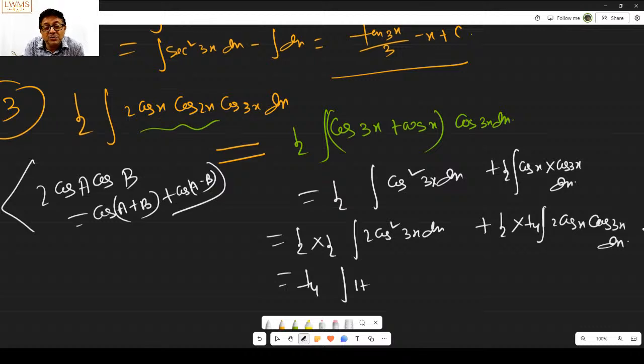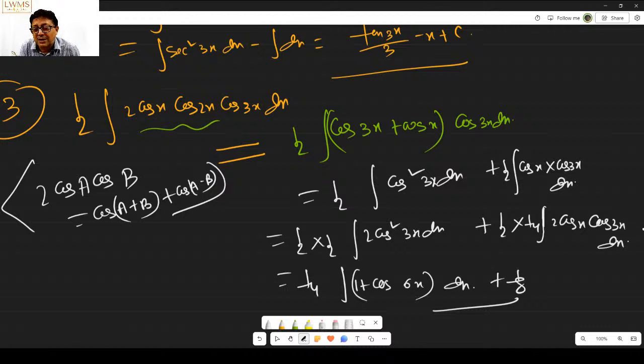You write happily 2 cos square theta is 1 plus cos 2 theta, I know. Theta is 3x here. So it will be 1 plus cos 6x dx.